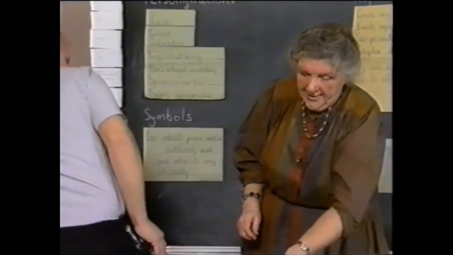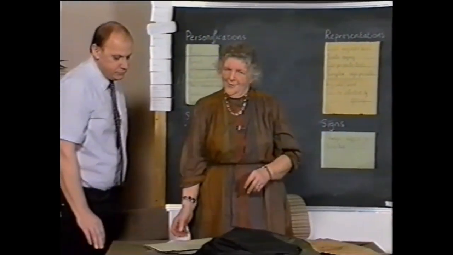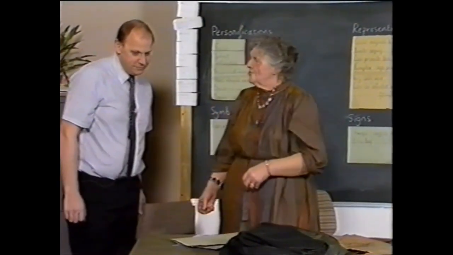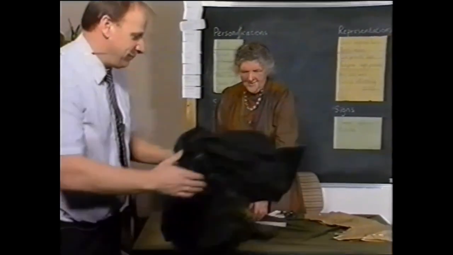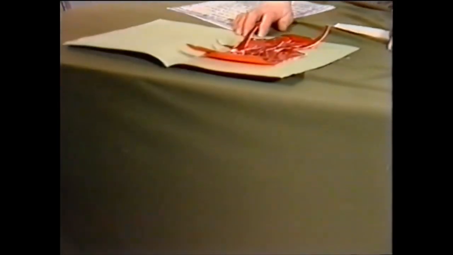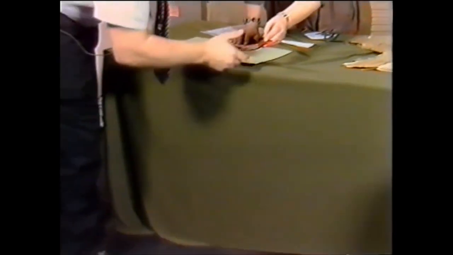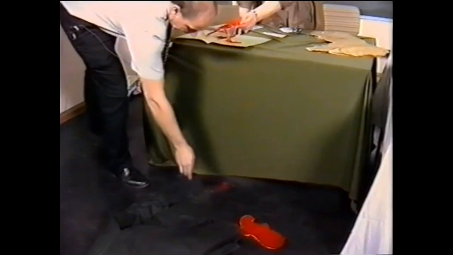Now here's another one. And this is a very safe way of dealing with what might look like a horror movie. Throw your coat down there as if it's been dragged. And then just drop these blood stains on it or around it. We are representing a death, a quite horrible death.